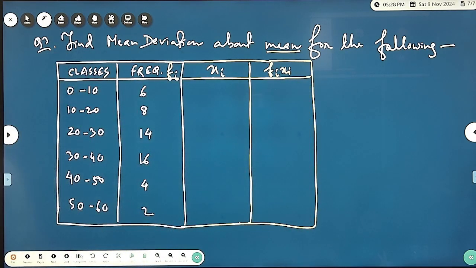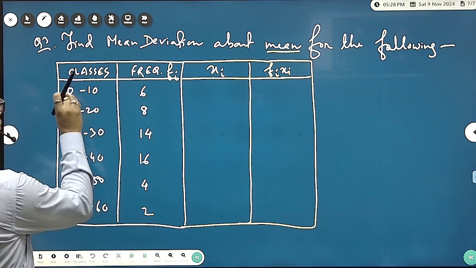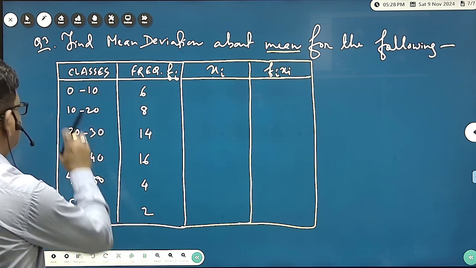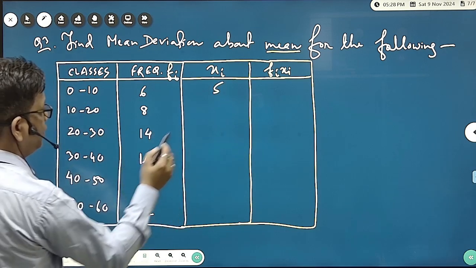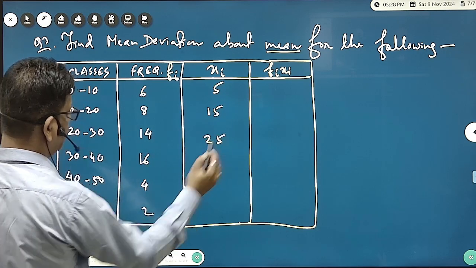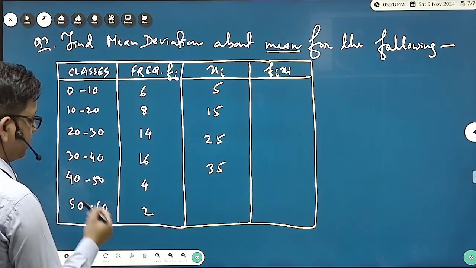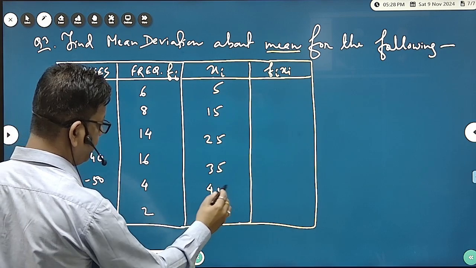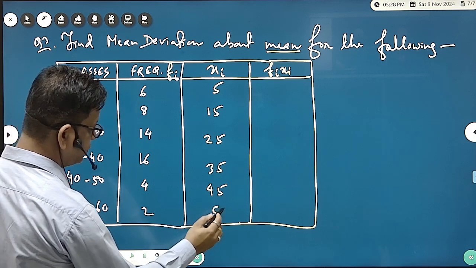I am using the direct method. Now xi is the sum of lower and upper limit divided by 2. So 0 plus 10, 10 by 2 is 5. 10 plus 20, 30 by 2 is 15. 20 plus 30, 50 by 2 is 25. 30 plus 40, 70 by 2 is 35. 40 plus 50, 90 by 2 is 45. And 50 plus 60 is 110 by 2 is 55.